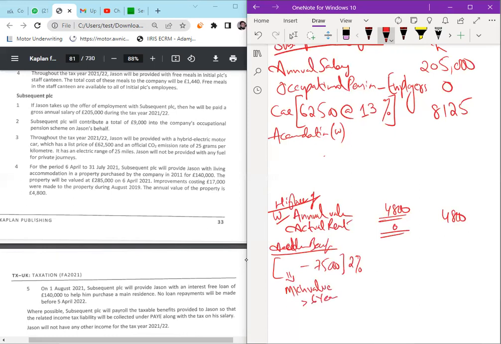So we are going to take market value, and when market value is being used, the improvement and cost will be ignored.